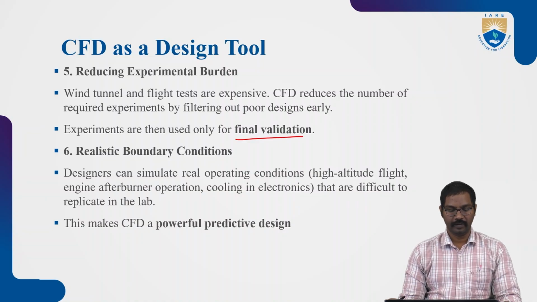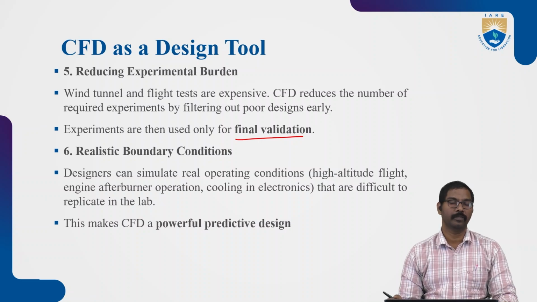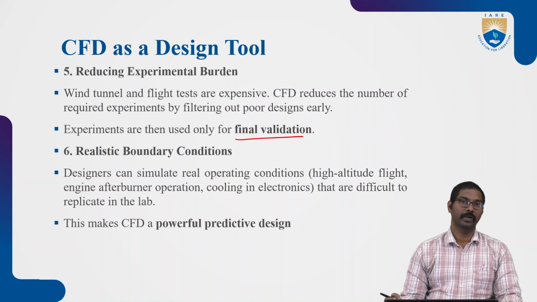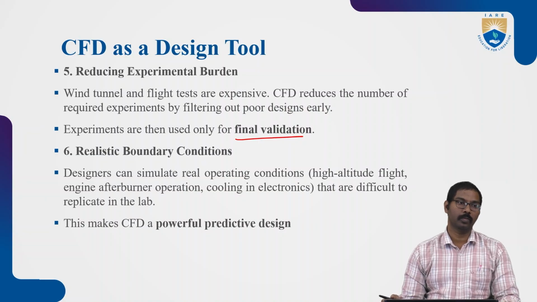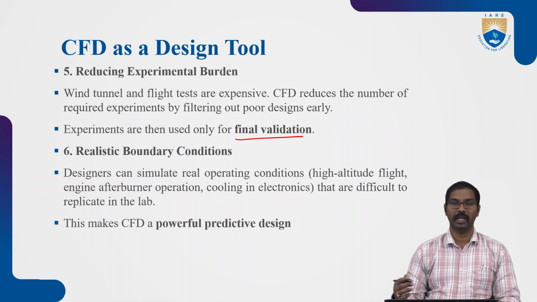Similarly, CFD can use the real operating conditions, be it variation in altitude, variation in speed, variation in angle of attack, or any type of real flow operating condition, which can be simulated using CFD. But when you go for experimental procedures, as they are done at ground level at atmospheric conditions, we have to change the operating medium.